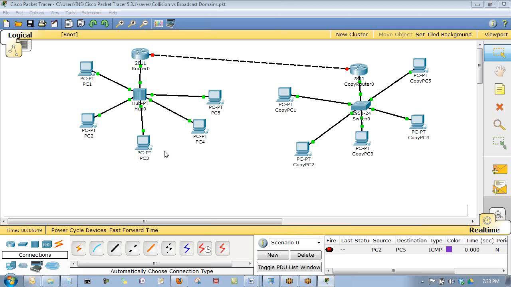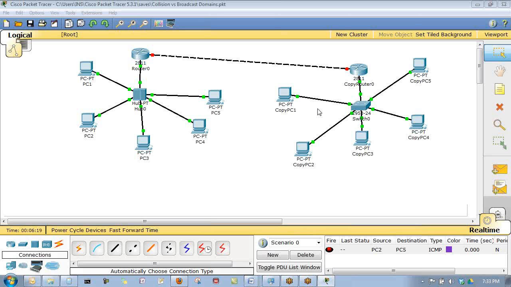That's why you rarely see hubs anymore in networks. We generally use switches, because of what we call microsegmentation, where we break a collision domain into simply the switch and a device, switch and a device, switch and a device. So each one of these is an individual collision domain. All right.